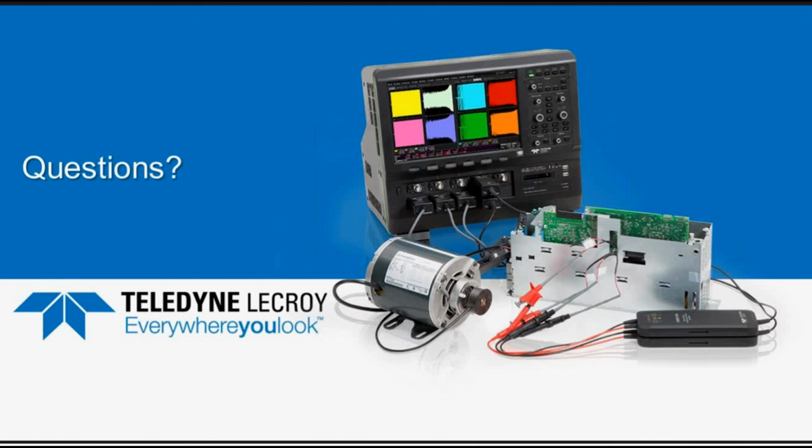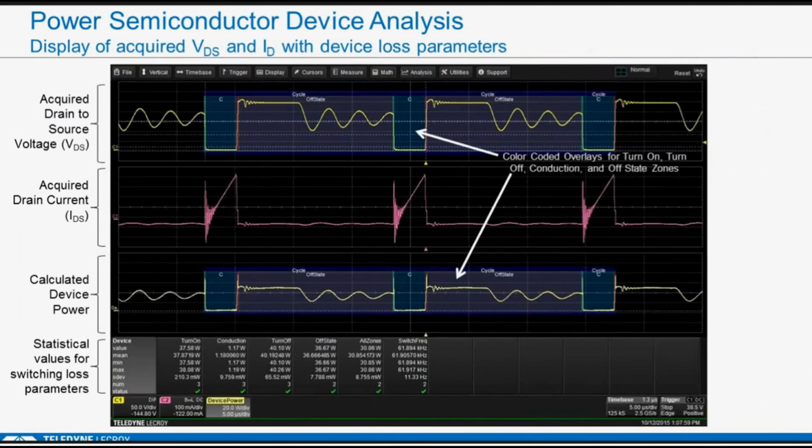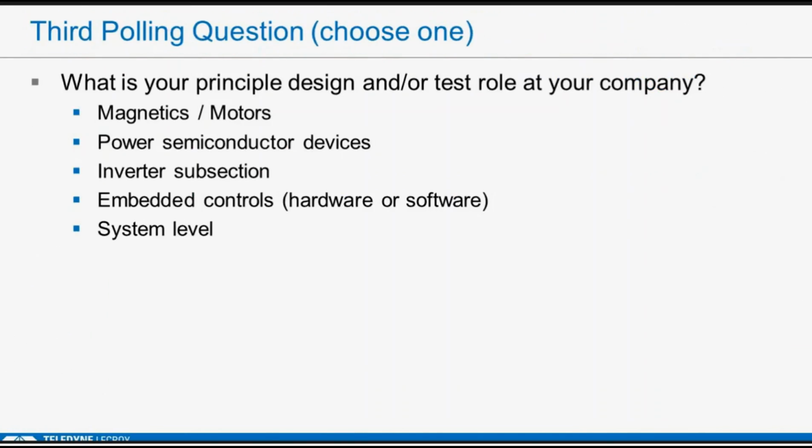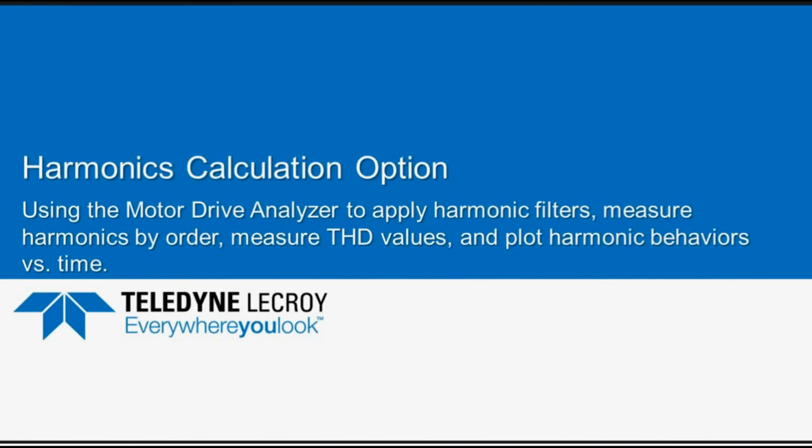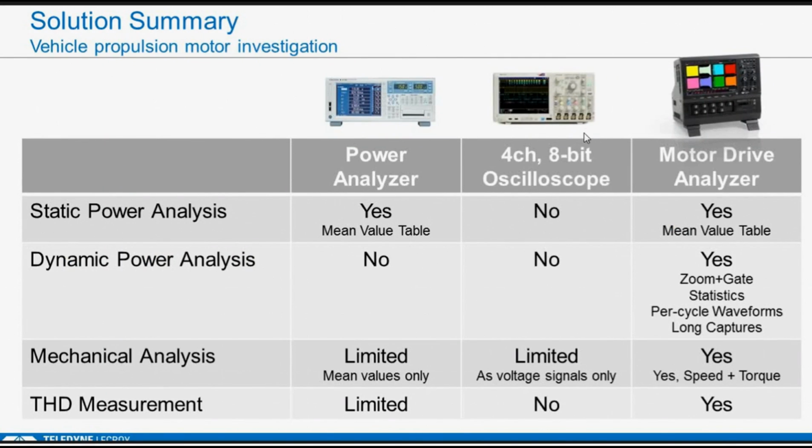Right. When you say MDO, I'm assuming you're referring to a product from a competitor they call a mixed domain oscilloscope. If I go back to one of my slides that shows a solution summary for a 4-channel 8-bit scope, those are still 4-channel scopes. They're still 8 bits.